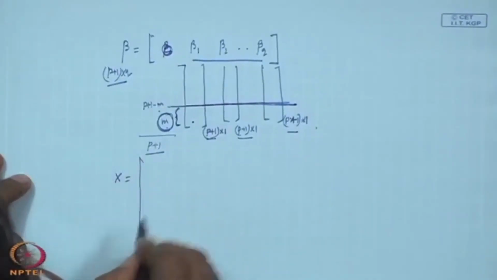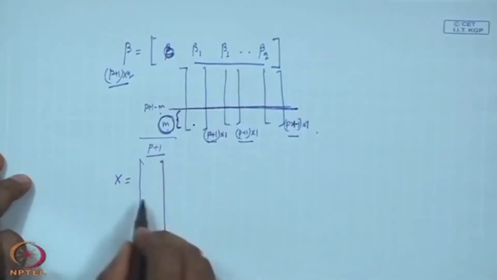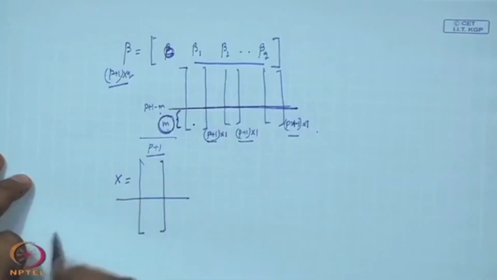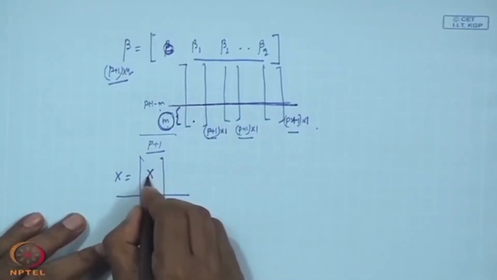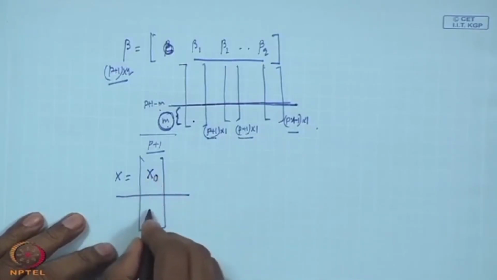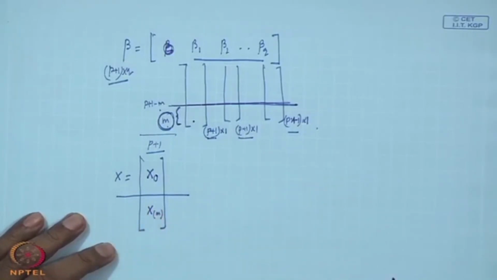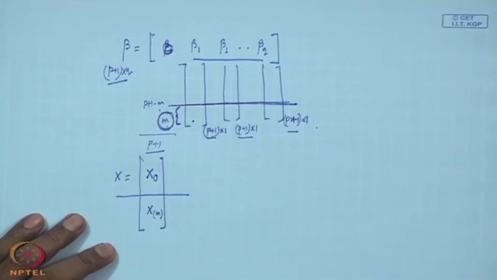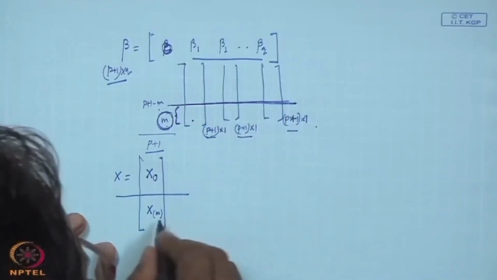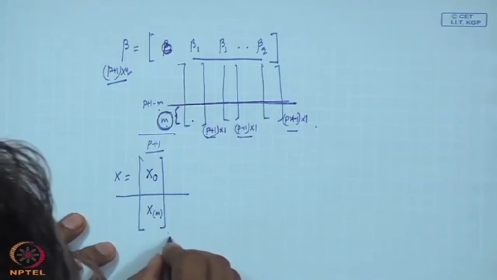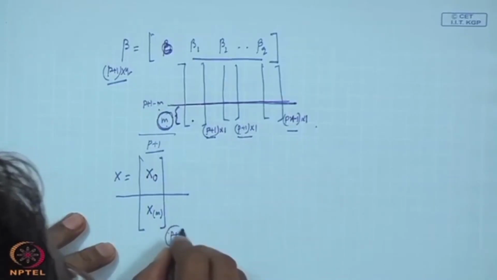If this is the case, what am I then trying to say? I am creating two sets. This one is your x0, this one we are writing like x within bracket m. Getting me? So that means I have total P plus 1 including constant.